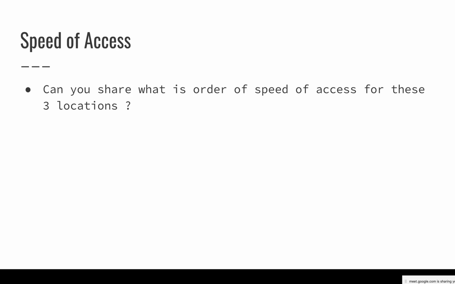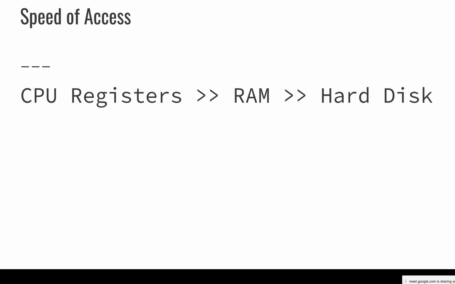All of you are quite clear on this, and it is quite evident: CPU registers are closest to the actual processor, where the computing takes place, so they are much more quickly accessible to the processing engine. Second is RAM, or the primary memory, and the third is permanent storage, or the hard disk.